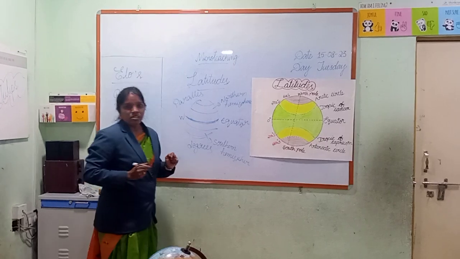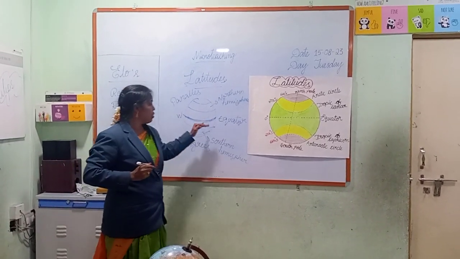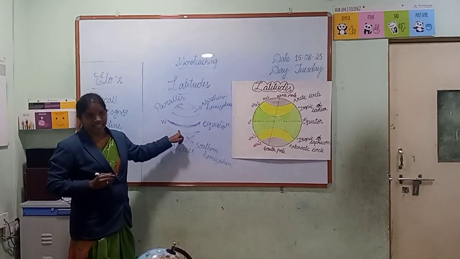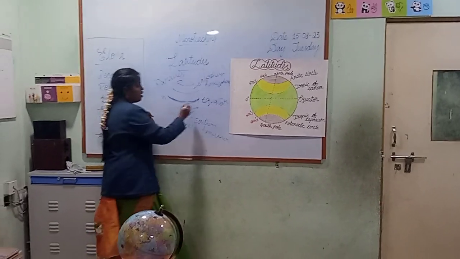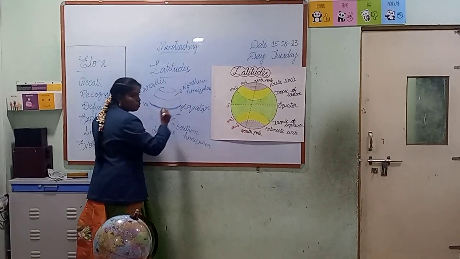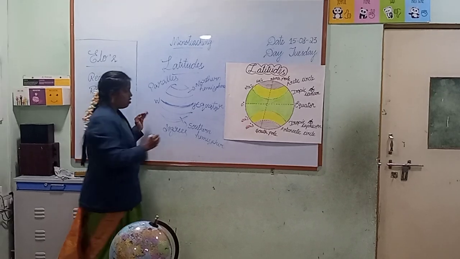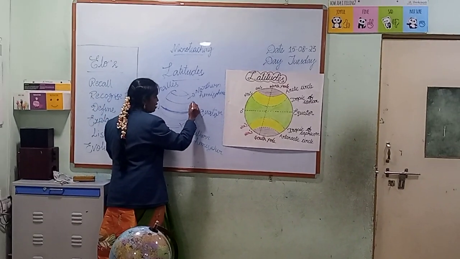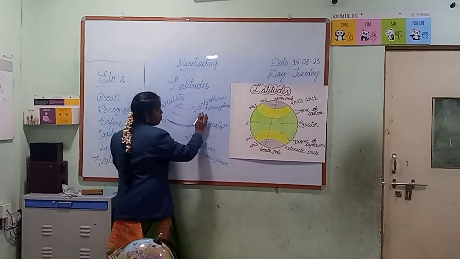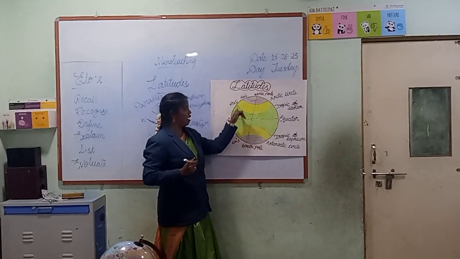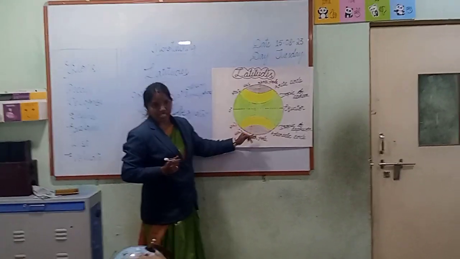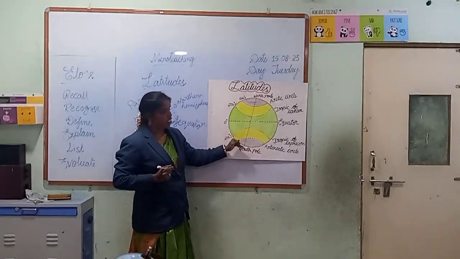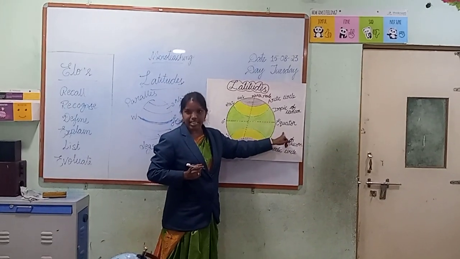As already told to you, the latitudes are measured in degrees, right? The equator is the 0 degree latitude, and then 10 degrees, 20 degrees. On the chart we can observe that there are 5 types of latitudes. In the middle of the globe, the largest latitude is called the equator.